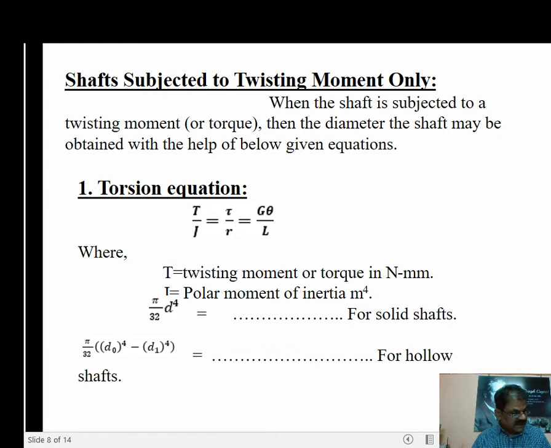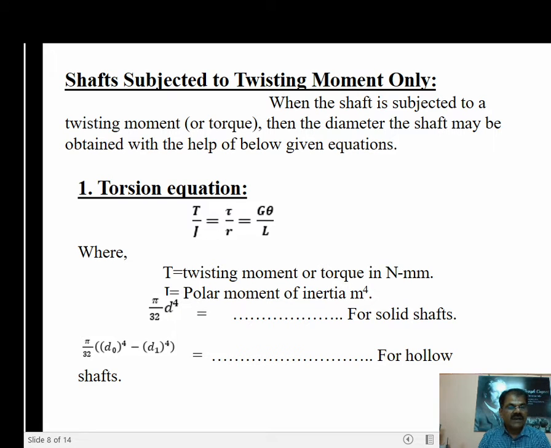So, shafts subjected to twisting moment only. When the shaft is subjected to a twisting moment or torque, the diameter of the shaft may be obtained with the help of the following equation.